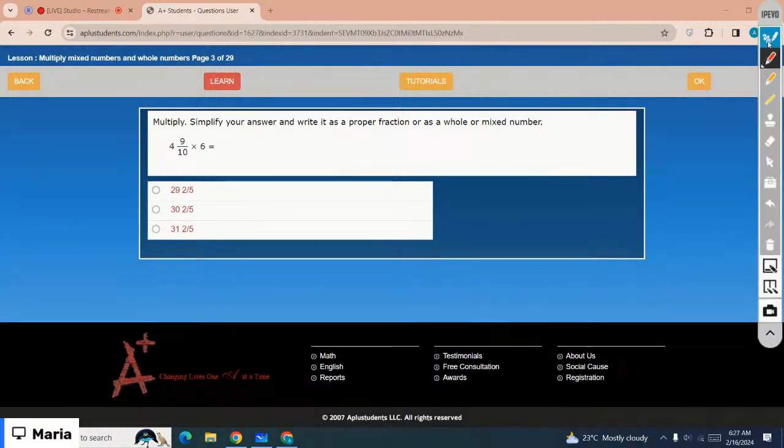Okay, 10 times 4 is 40 and 9, 49 over 10 times 6 over 1, right? And 49 times 6 over 10. 2 times 3 is 6 and 2 times 5 is 10. So that is 49 times 3 over 5, right? And 49 times 3 is 147 over 5. Let's just divide. 5 times 2 is 10, 5 times 9 is 45.